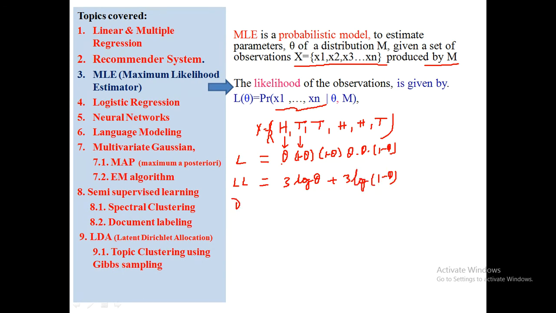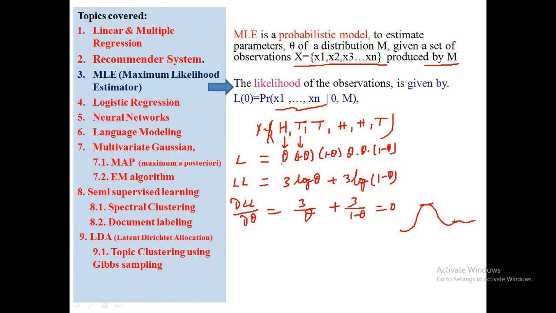And now we can differentiate the log likelihood with respect to the parameter, and equate to 0, because this optimal value we can get at the point where the derivative is 0.